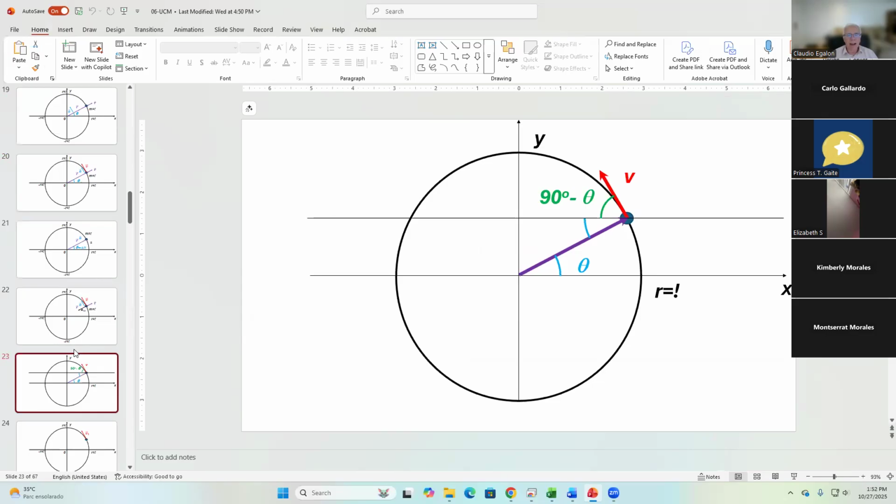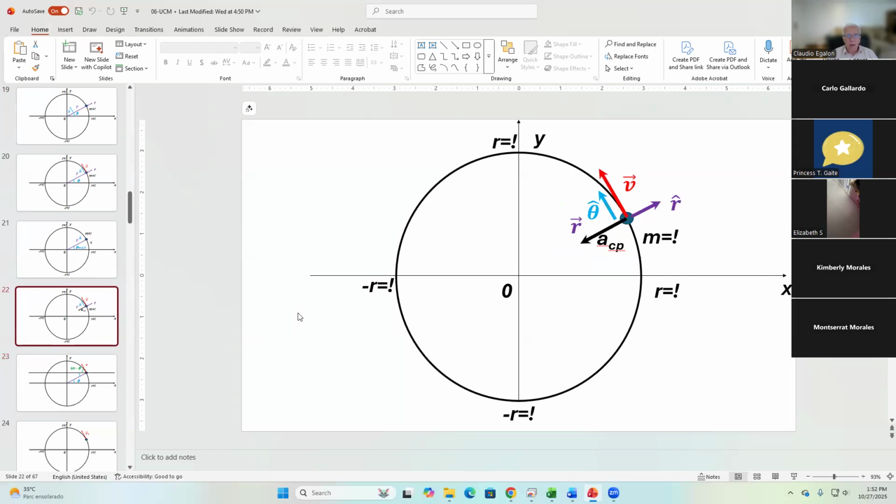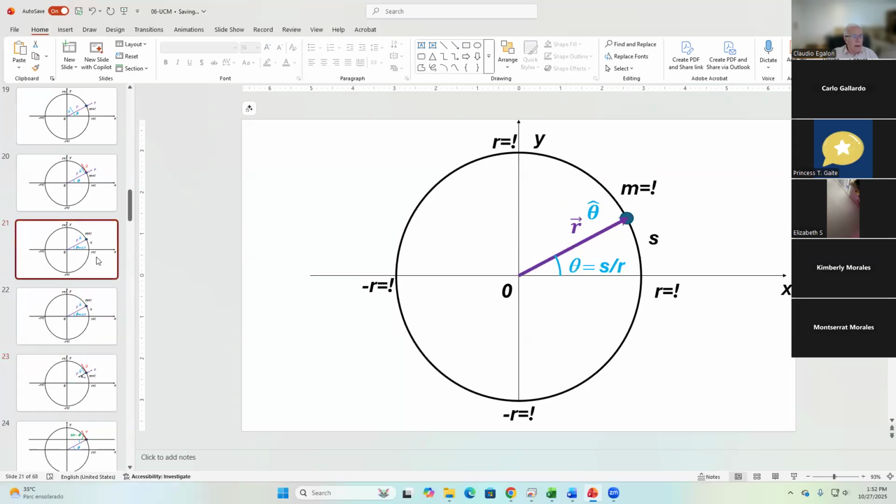We have to identify the angles properly so we can solve our equation. We can come up with the equations of motion. The first thing that you have to realize is that the velocity vector is perpendicular to the position vector.